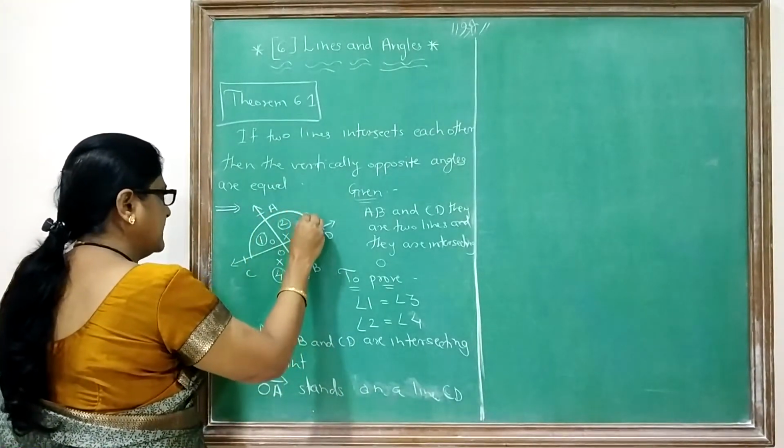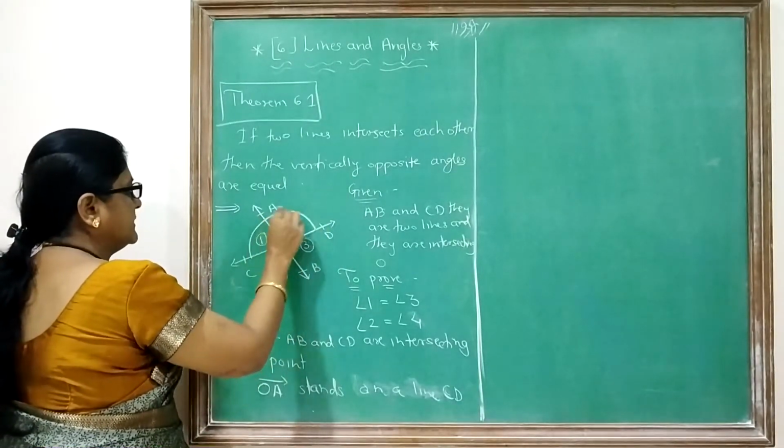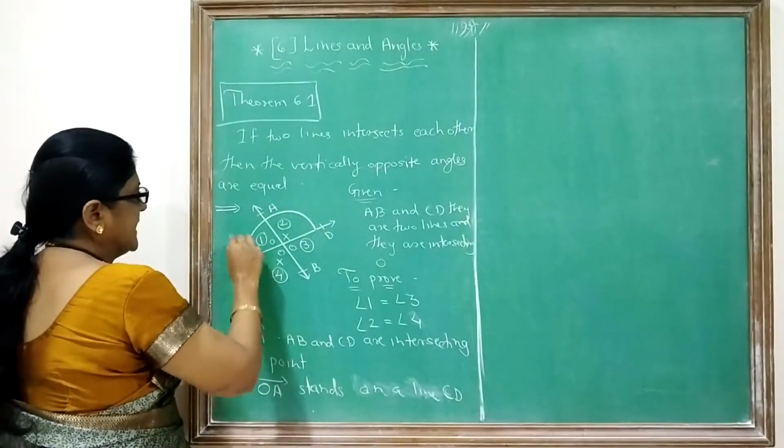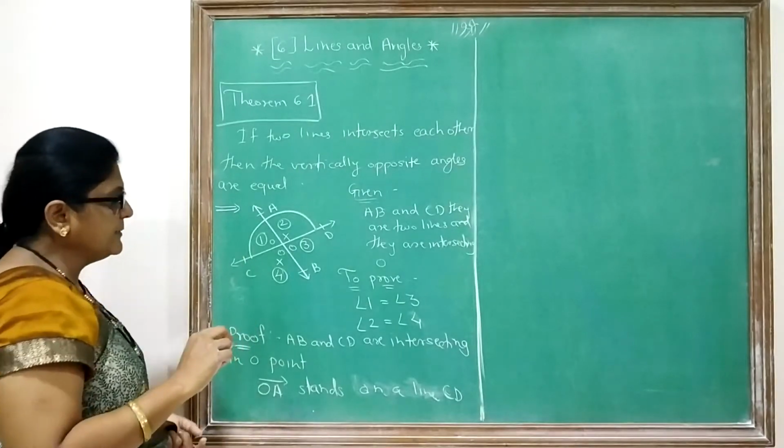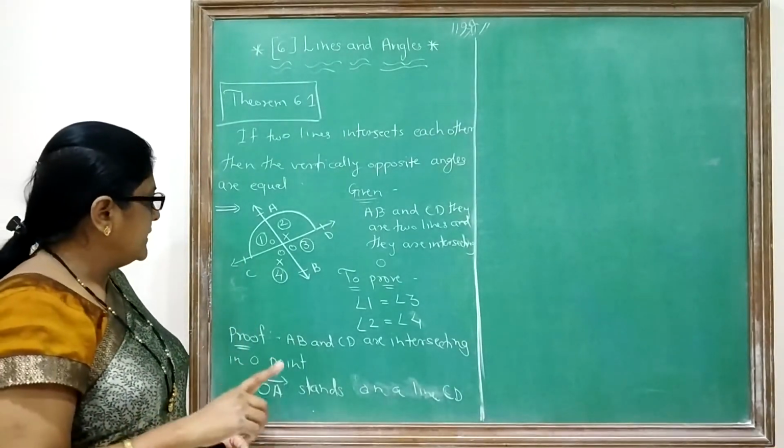This means you will make this type of angle, means they are the linear pair, and linear pair is always 180 degree.